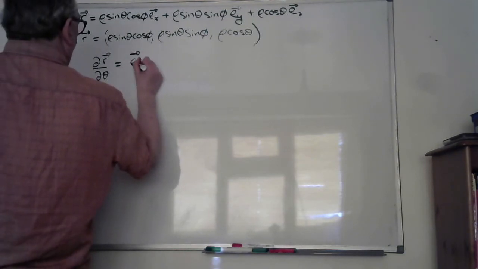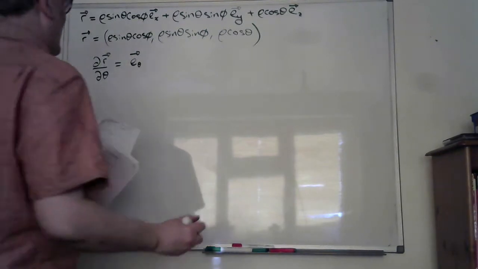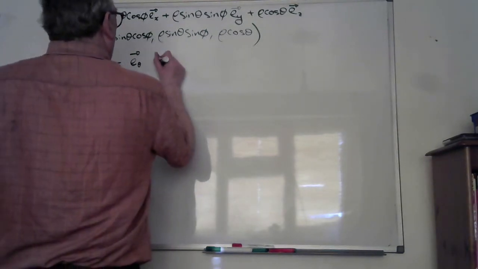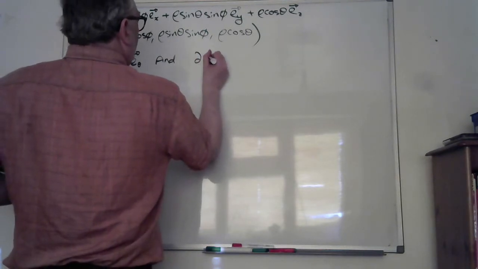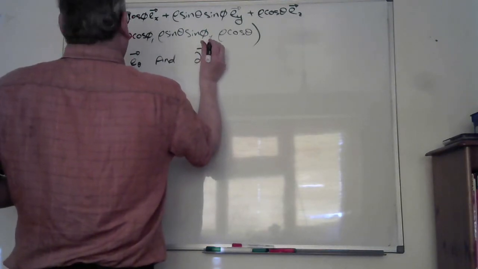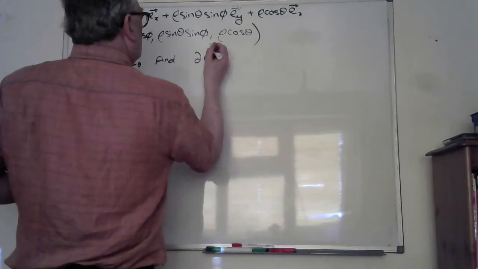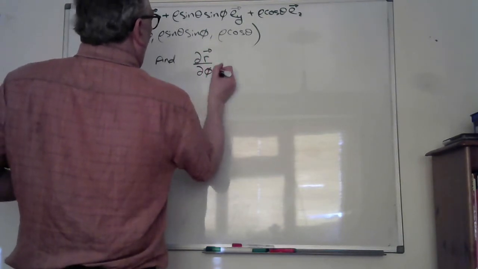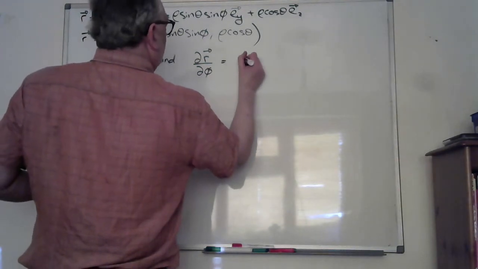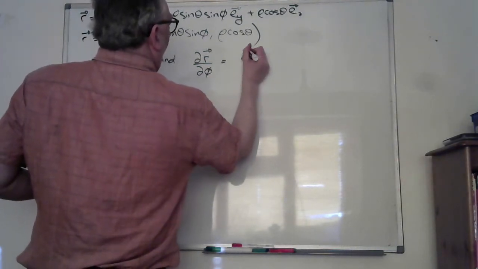basis vector e theta. And the derivative, let me just get that right, the derivative of r with respect to phi is just equal to e sub phi.